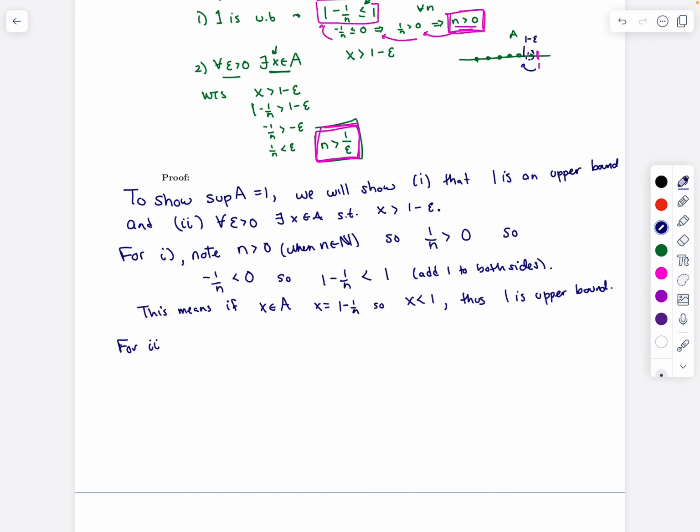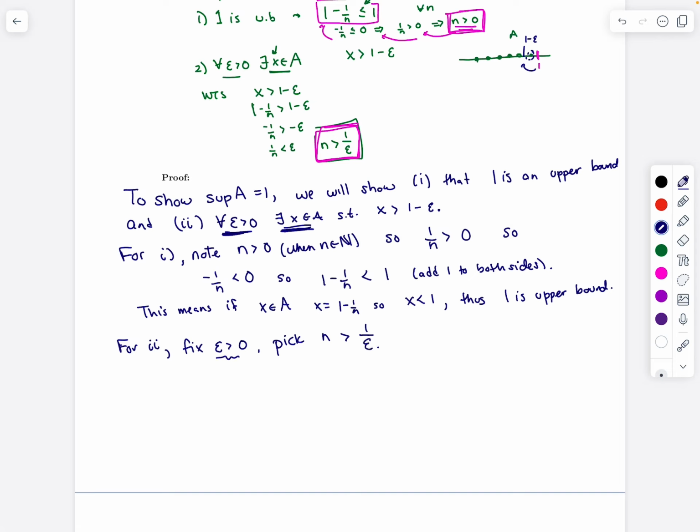So for part 2, I need to show for every epsilon greater than 0, there exists an x. Whenever we need to do that, we fix this epsilon greater than 0 to be a fixed but arbitrary element. I usually say let epsilon greater than 0. You can say fix epsilon greater than 0. There are a couple of different word choices you can use. And then I need to show there exists an x, so I actually need to give a formula for that x. So I'm going to say pick some n that's bigger than 1 over epsilon.